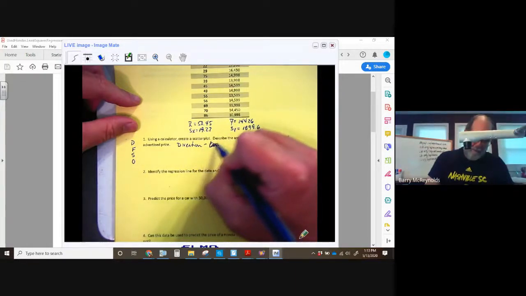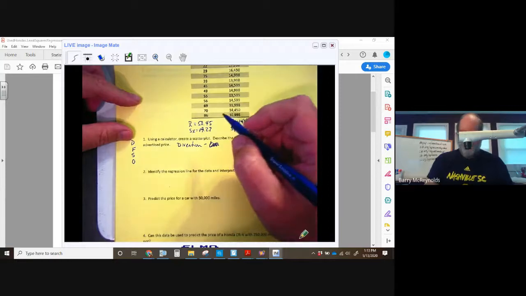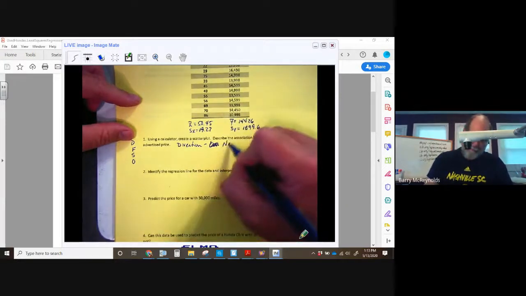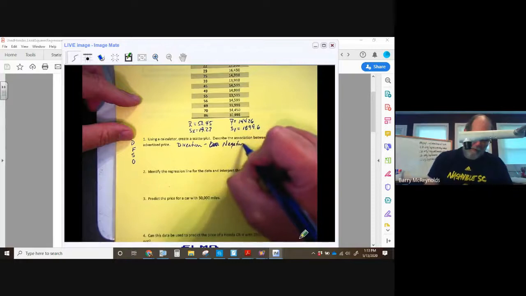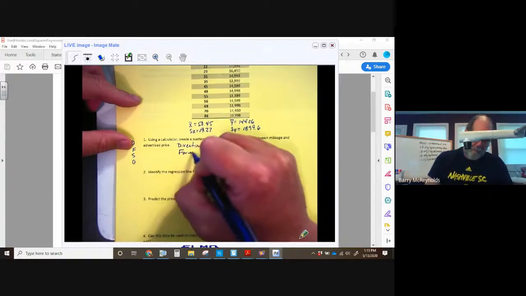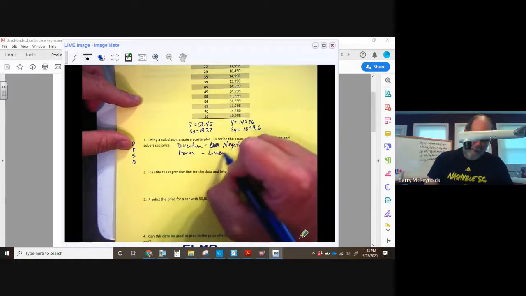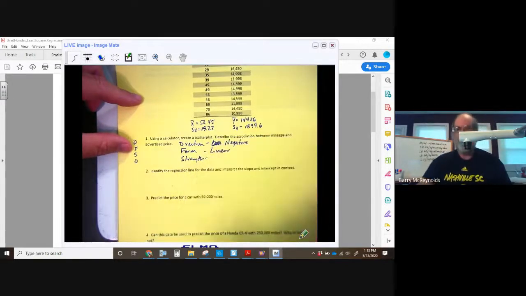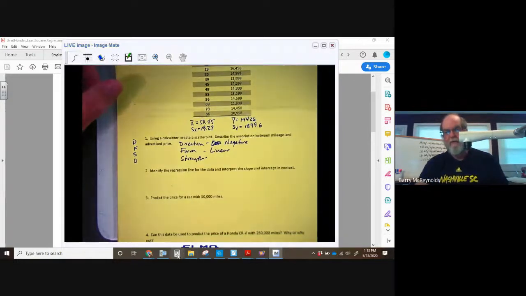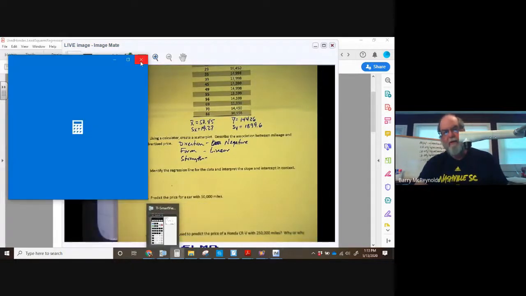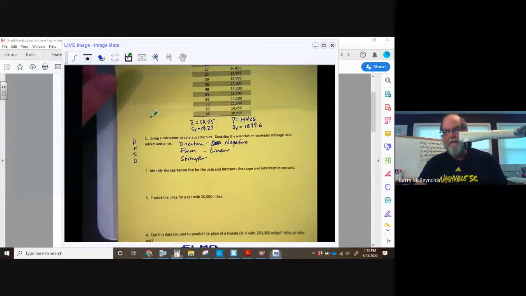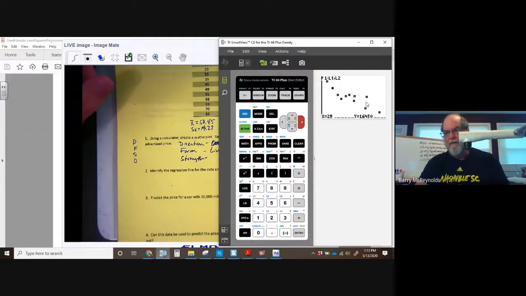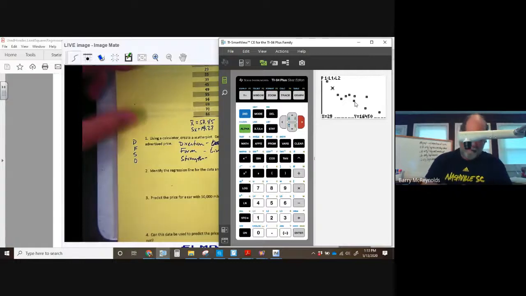The direction is negative. The form is linear. It follows a pretty linear pattern. The strength is, if we go back and look at the picture here, we can imagine a straight line, and the data would be pretty closely adherent to a straight line through there.